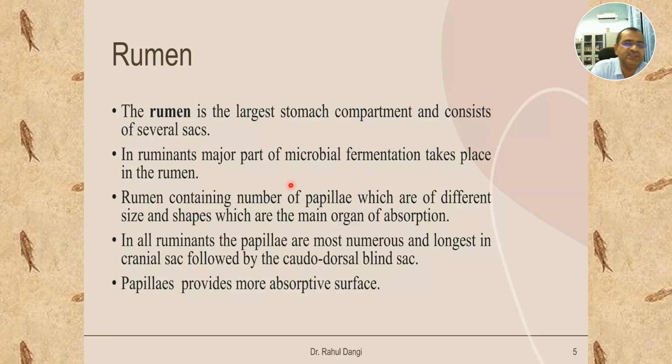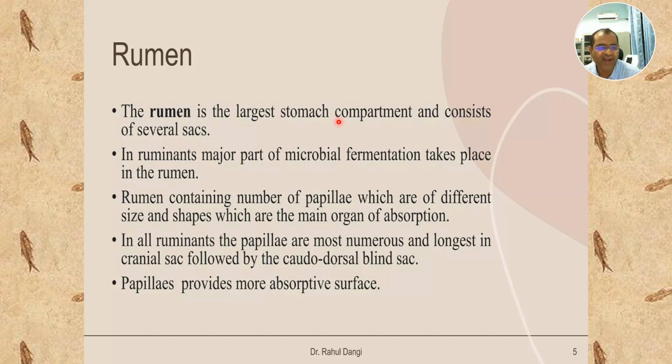The rumen is the largest stomach compartment and consists of several sacs, containing different types of pores and mucous membranes. The major part of the microbial fermentation in ruminants takes place in the rumen.